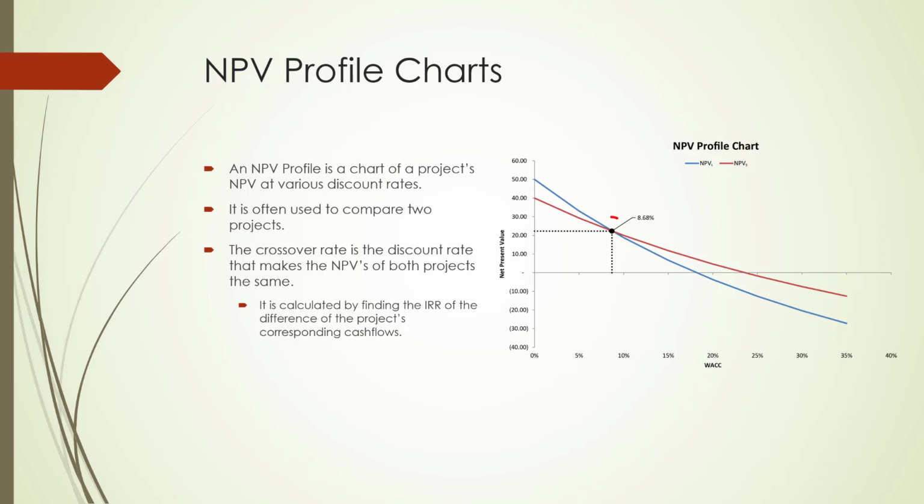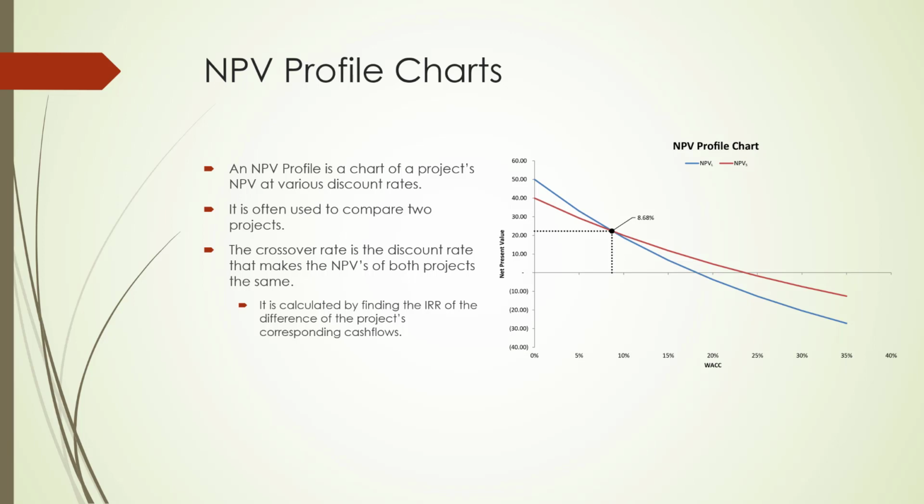Secondly, notice that there's a point, in this case, not always, but in this case, there's a point at which the two lines cross each other. And remember from your math classes, anytime you have two lines that cross, there's something interesting going on there. And in this case, the interesting thing is that at that discount rate, the NPVs are equal. And we'll see that that discount rate is 8.68%.